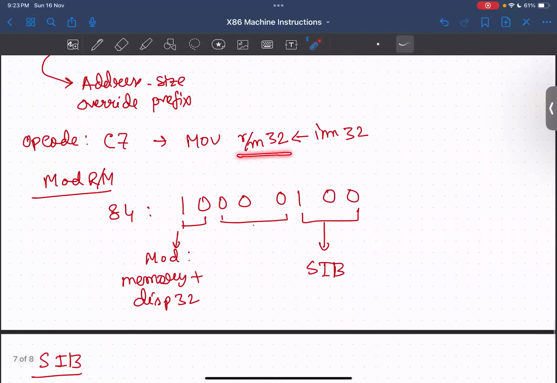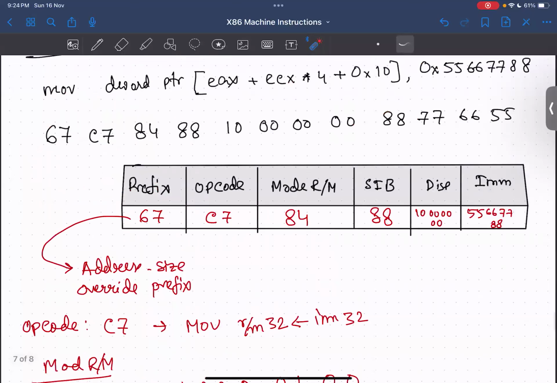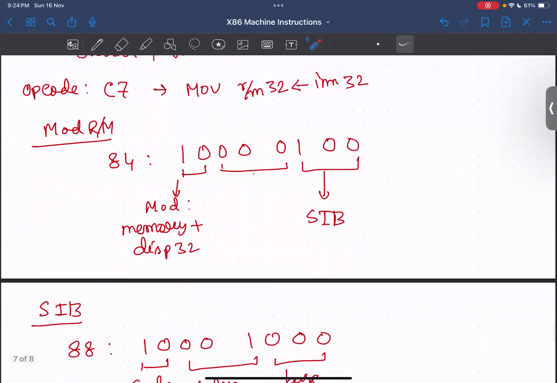So let's see how the destination looks. If I have to expand this ModRM, which is 84, to this particular configuration, we know the first 2 bits are basically our mod bits, which is 10, so we know it's memory plus displacement 32, and we also know our displacement value. Okay.